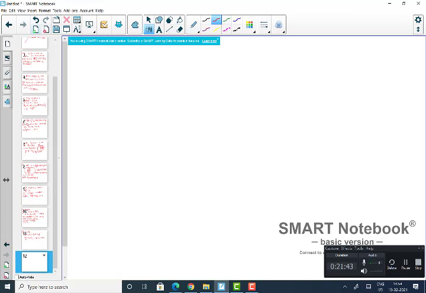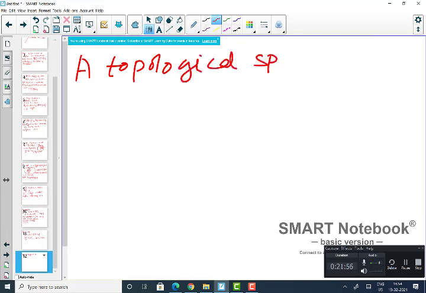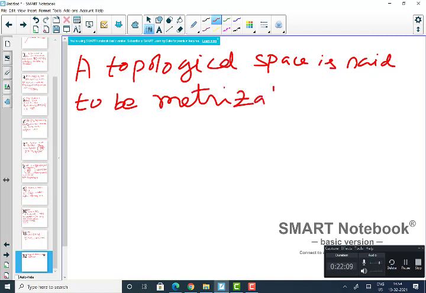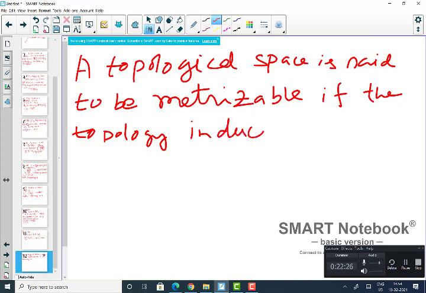So a topological space is said to be metrizable if the topology is induced by a metric, okay.